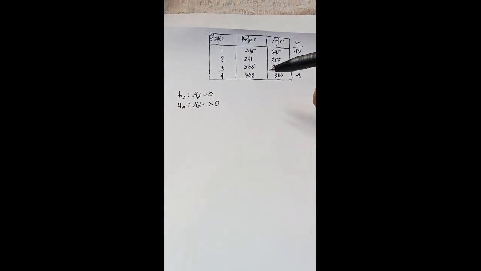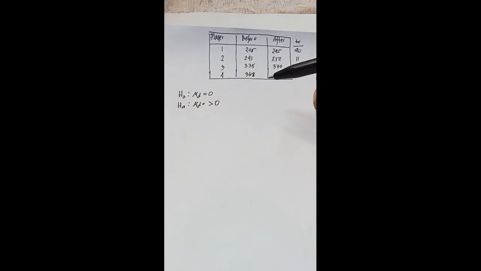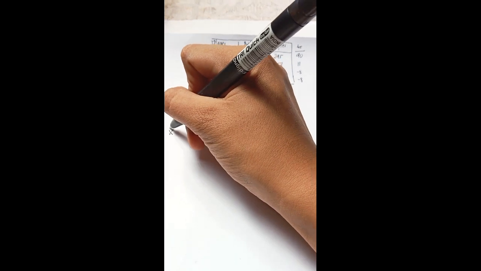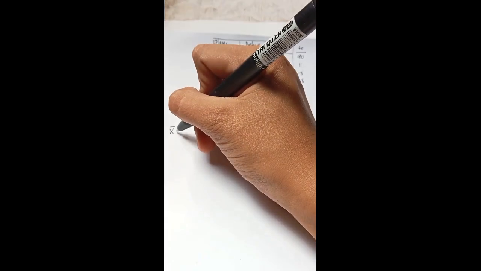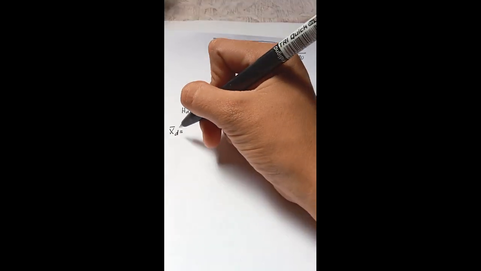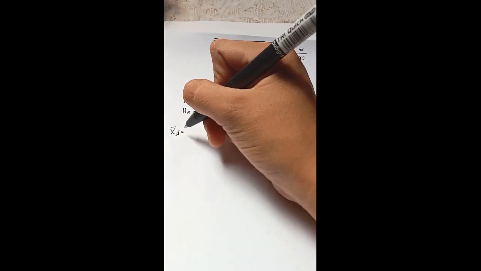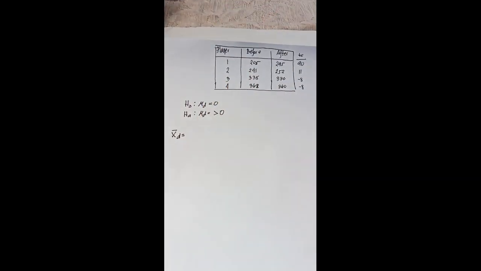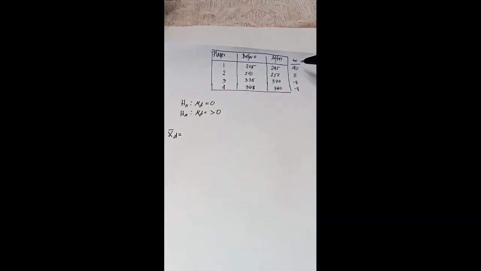Next we need to calculate the sample mean of the differences, which is x bar subscript d, or difference. So we're going to take the average of these numbers.